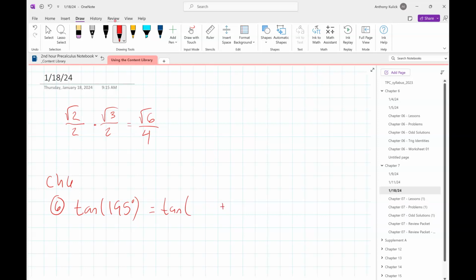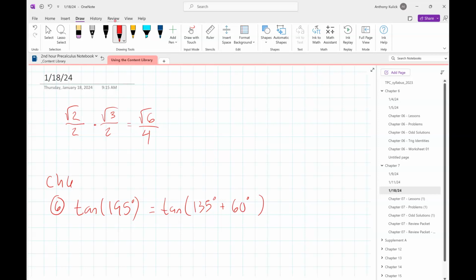I think I would do a sum here. Really anything bigger than a normal unit circle angle, I'm probably going to do as a sum. But you could do it as a difference also if you wanted to. So I just need 2 angles from the unit circle that add up to 195 degrees. 135 and 60 would be fine.